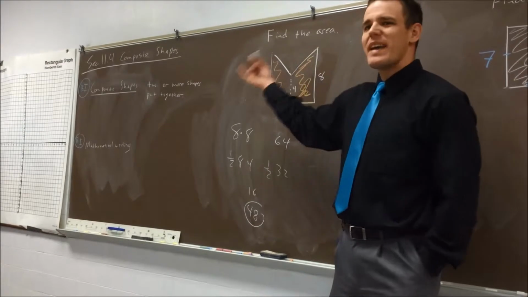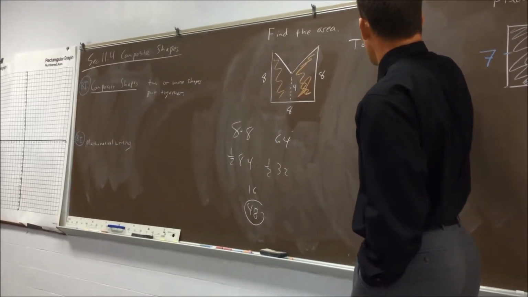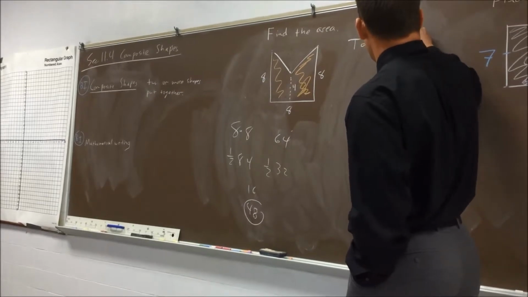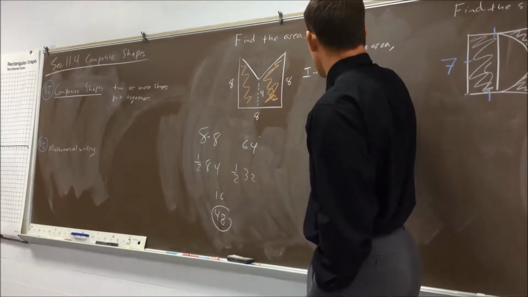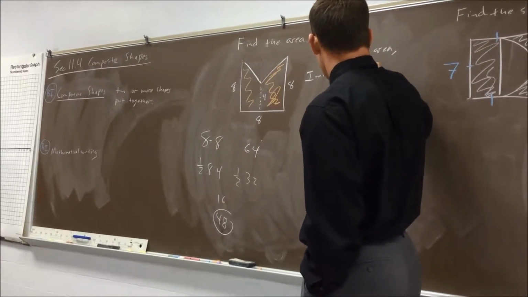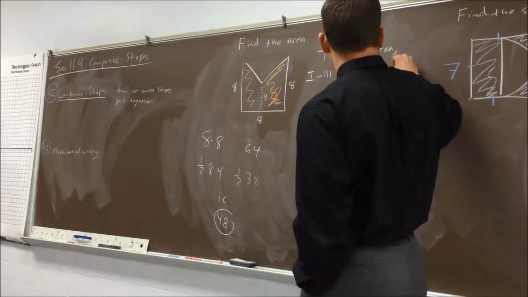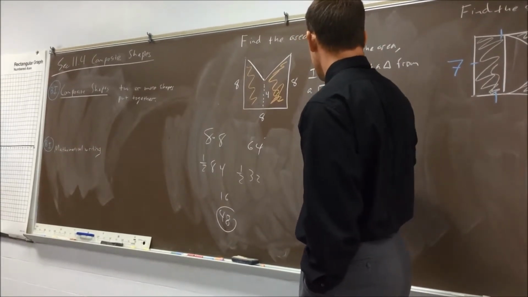We're going to give a basic introduction. To find the area, I will subtract a triangle from a square.